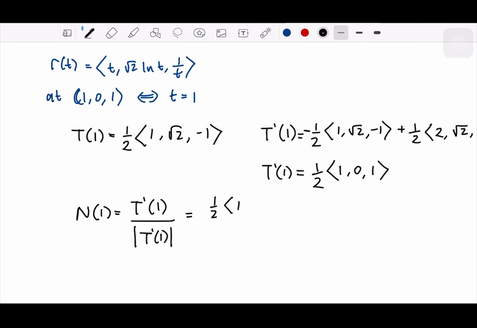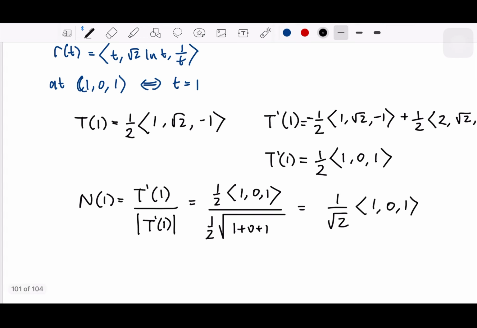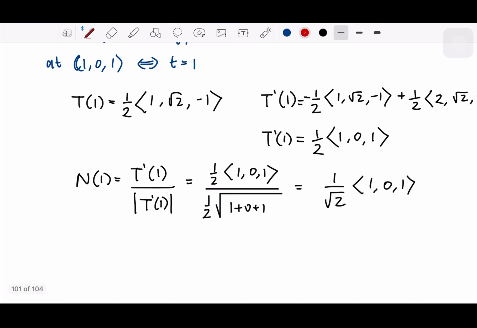So the vector is divided by its value, 1 plus 0 plus 1. So this will be 1 over square root of 2 times the vector (1, 0, 1). That will be the normal. So this is the unit tangent and the unit normal.